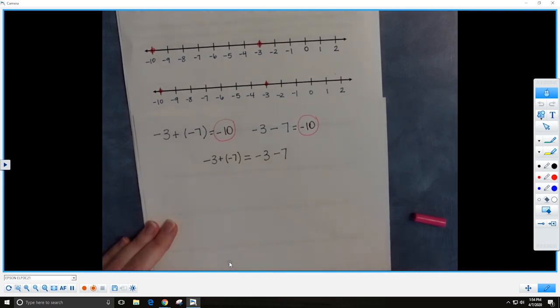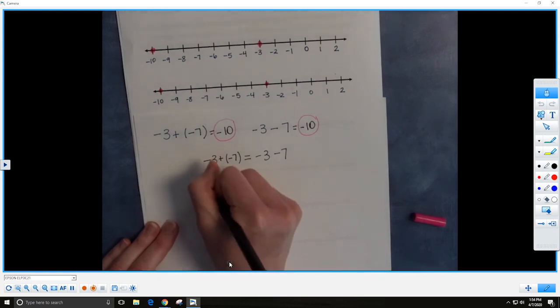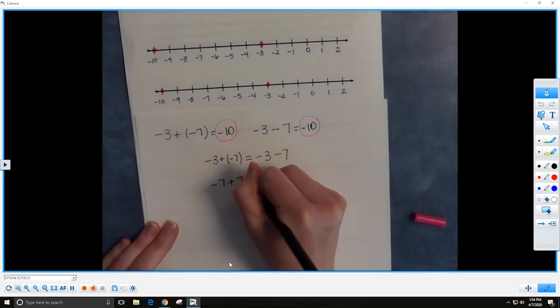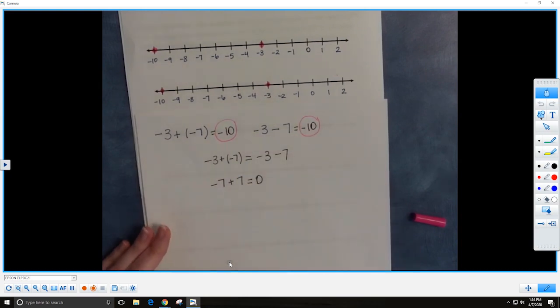Remember that -7 and +7 are opposites. This means that they are the same distance away from 0 on the number line. One important thing for you to notice is that when we add opposites, we get 0. So -7 plus its opposite, which is 7, equals 0. When we add opposites, we get 0.